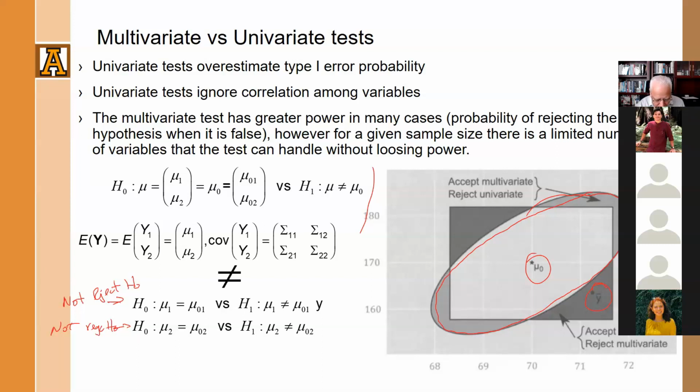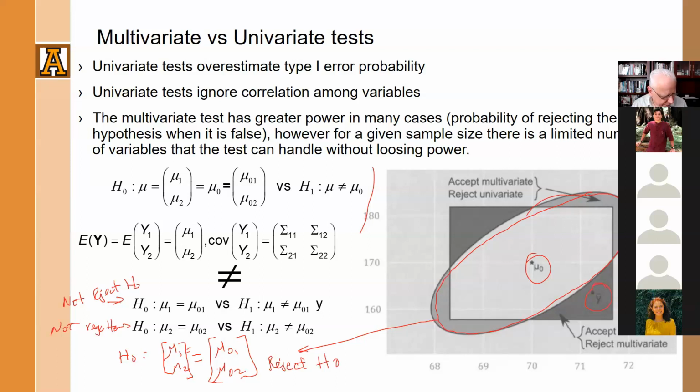Now, if I want to test the hypothesis that the vector mu1, mu2 equals mu01, mu02, using the joint region, we would reject H null, the null hypothesis. Did that help clarify the concepts?